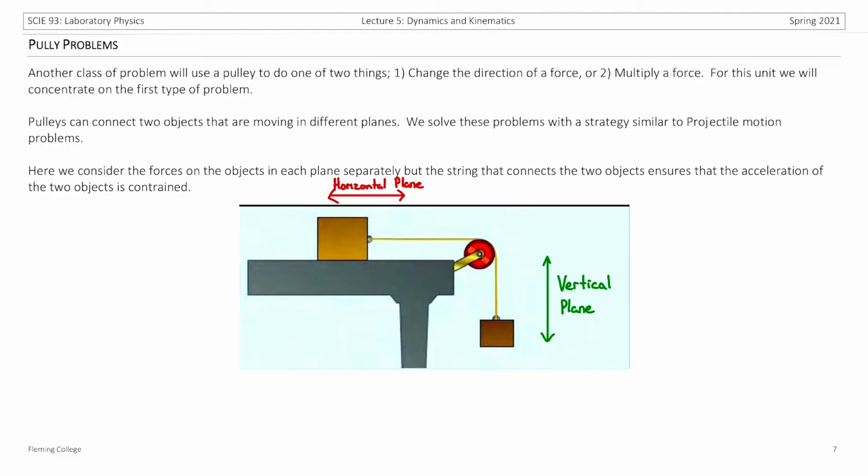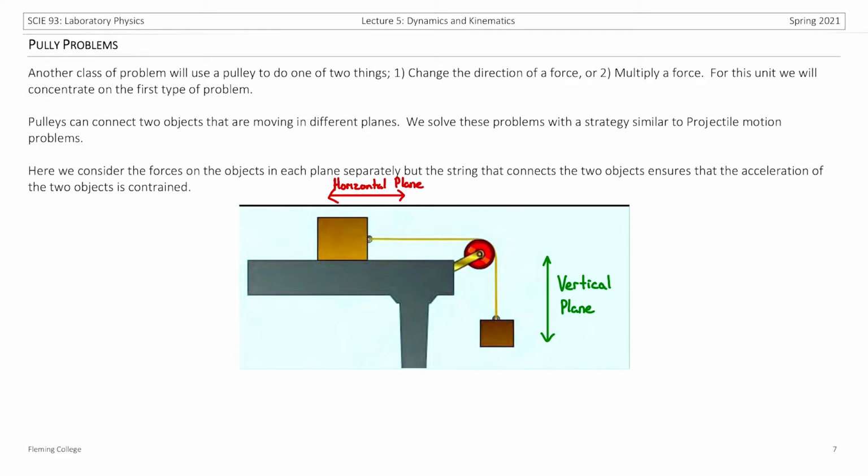We solve these problems with a similar strategy to projectile motion problems. But in this case, rather than connecting the two portions by time, we connect the two portions by acceleration. One thing to consider is that the string ensures that the acceleration is constrained, meaning that it won't necessarily be equal.